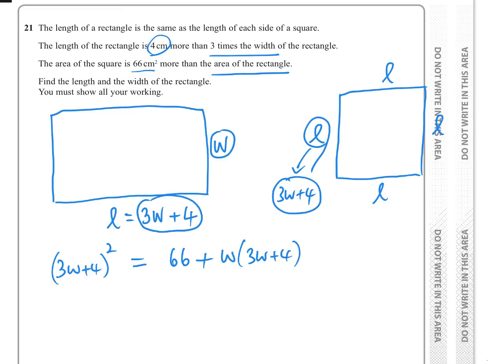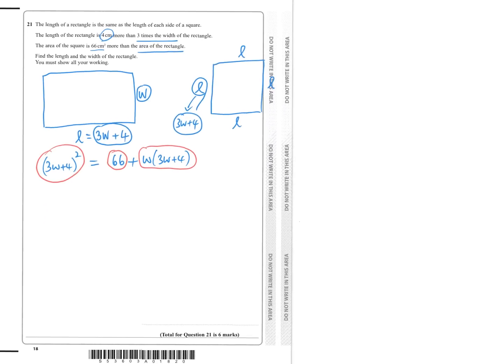So just to recap, the area of the rectangle with 66 more added on is the area of the square. So it looks as though we're going to have a quadratic in w, which is more than likely going to factorise, and then we can just work it out from there. So let's have a look at how easy that's going to be.